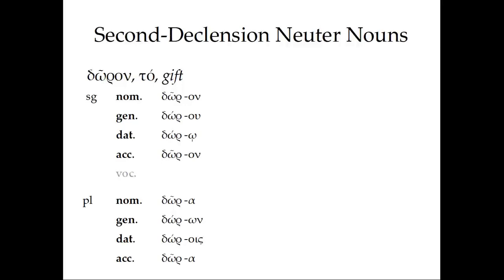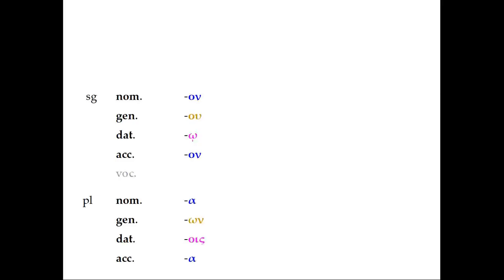These are the endings. Now we're going to take these same endings and basically look at how these are reflected in adjective endings as well. So as we saw before, looking at sophos in the masculine, it had the same endings as a second declension masculine noun like logos. The same is going to be true here in the neuter.